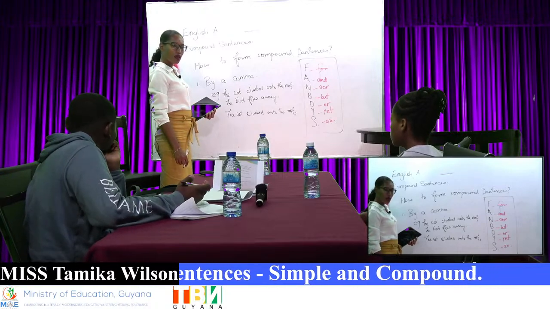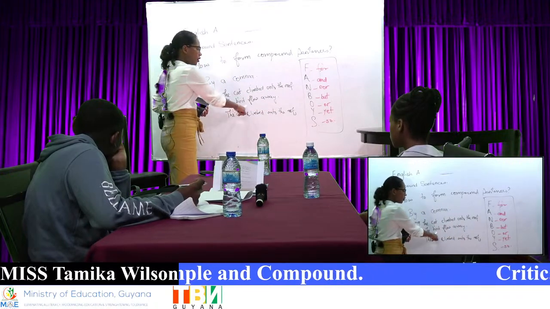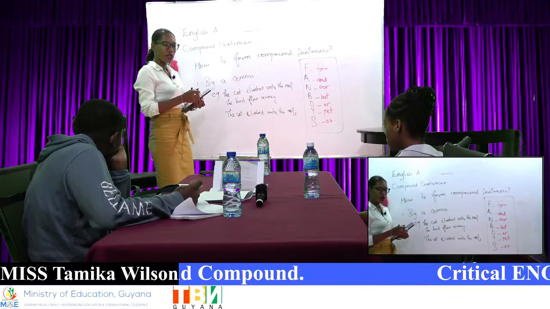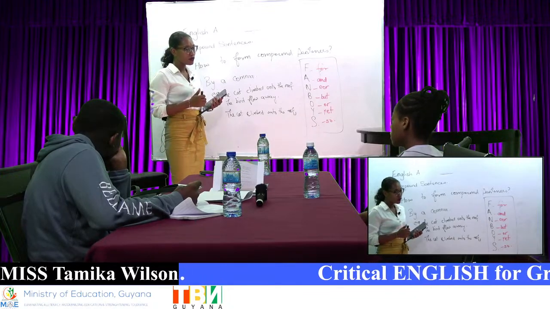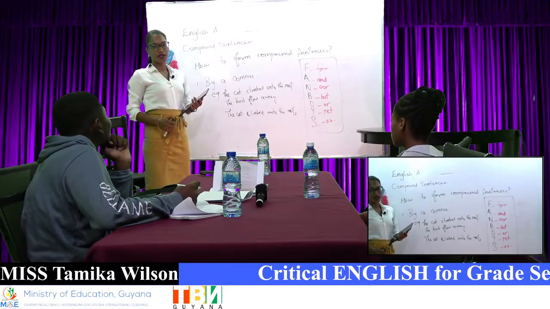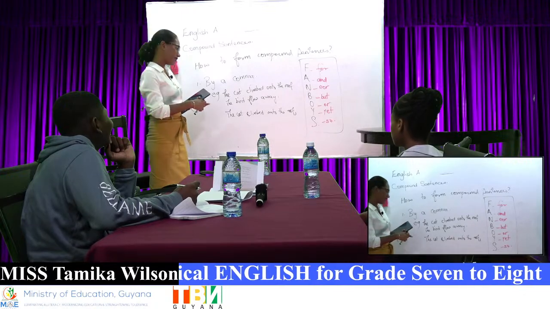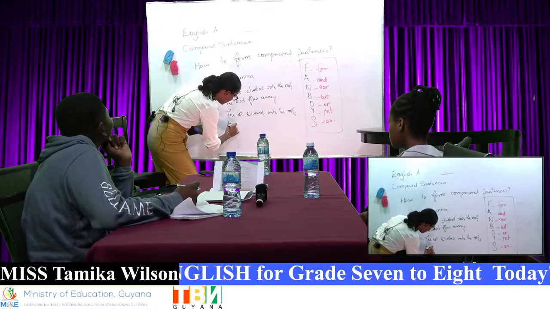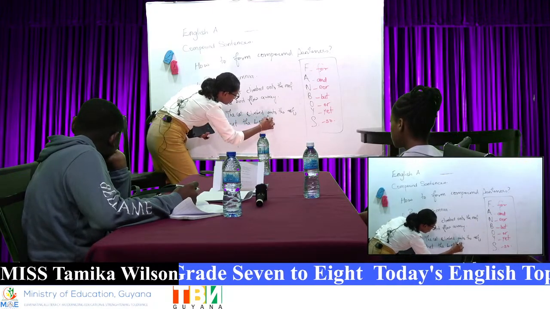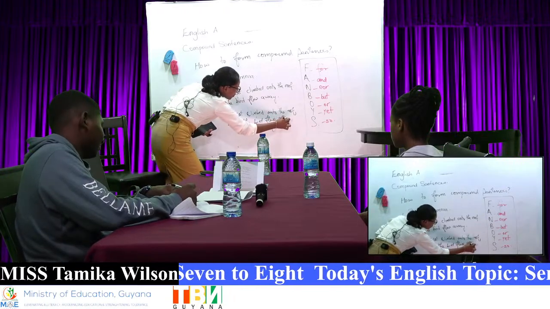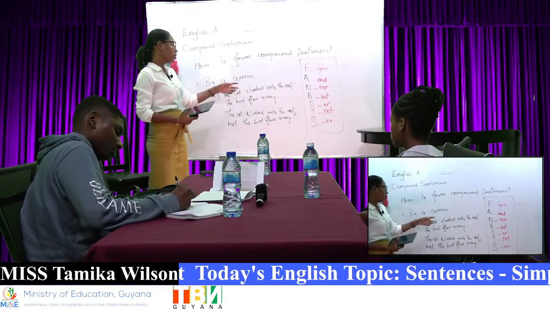The cat climbed onto the roof. The bird flew away. So he's trying to catch the bird, but by the time he climbed onto the roof, the bird flew away. I actually told you the answer. But, very good. The cat climbed onto the roof, but the bird flew away.